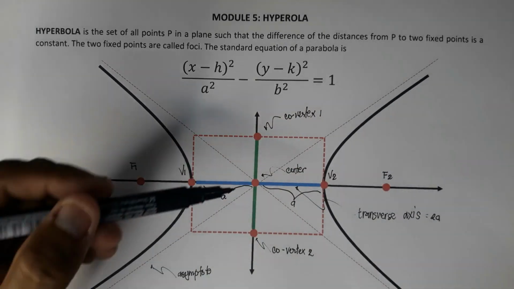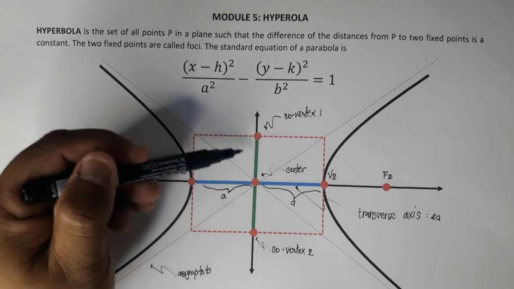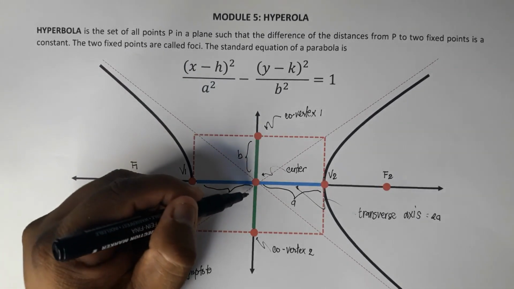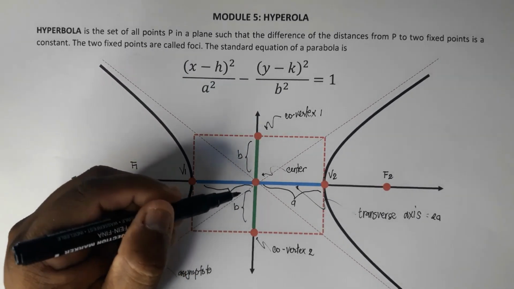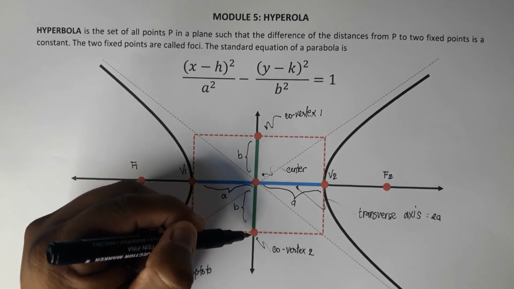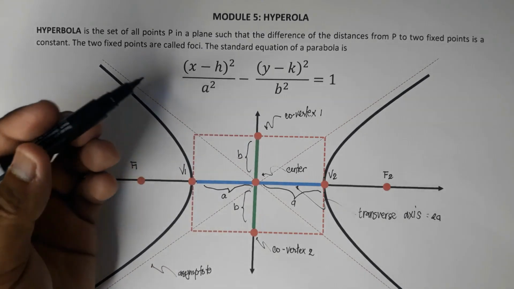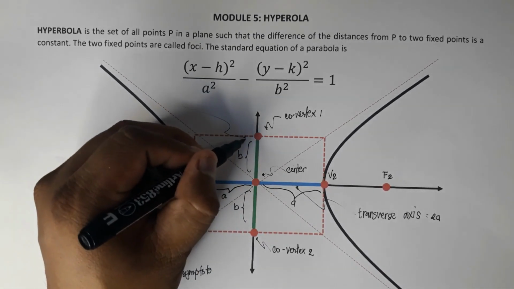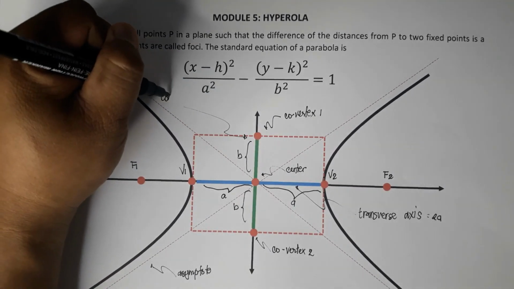Next, the conjugate axis. This is denoted with the length of B, and it should also have the same length from the center to each co-vertex of our hyperbola. So this is our conjugate axis.